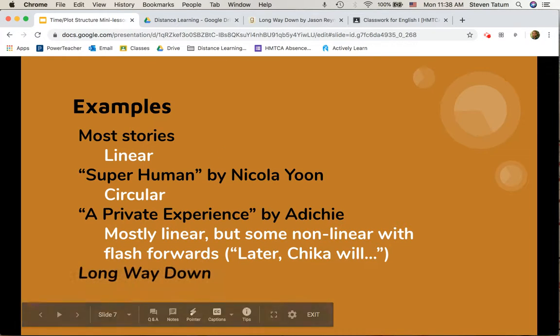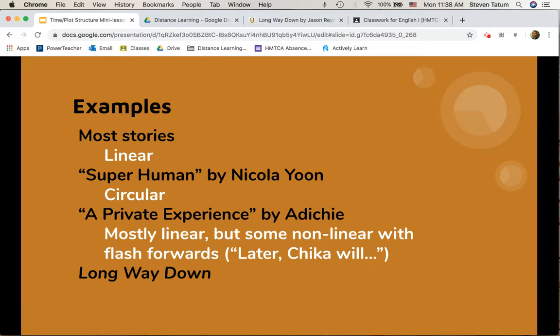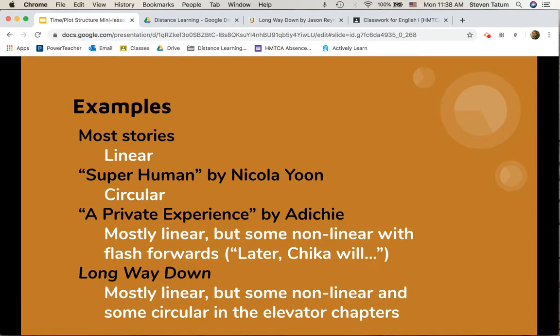Long Way Down is another interesting example structurally. It's mostly linear too, in a way, because it tells the story of Will from right after his brother died or was shot through his elevator ride down. And that's just kind of a straight line.